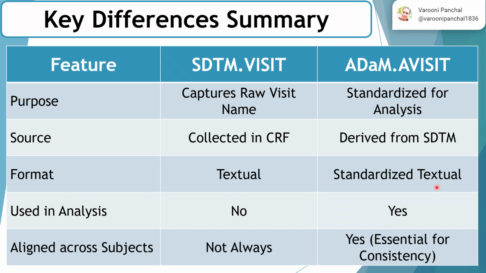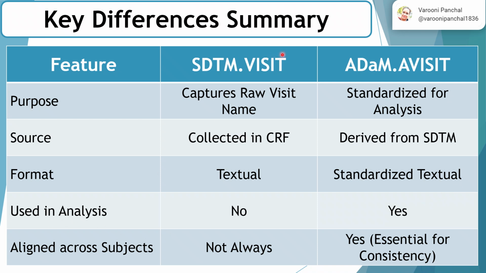Say I have ADLB, ADVS, ADAE. Wherever there is an AVISIT kind of variable in all the domains in one specific study, the same standardized format needs to be used. Only then you will be able to generalize those tables, listings and figures.